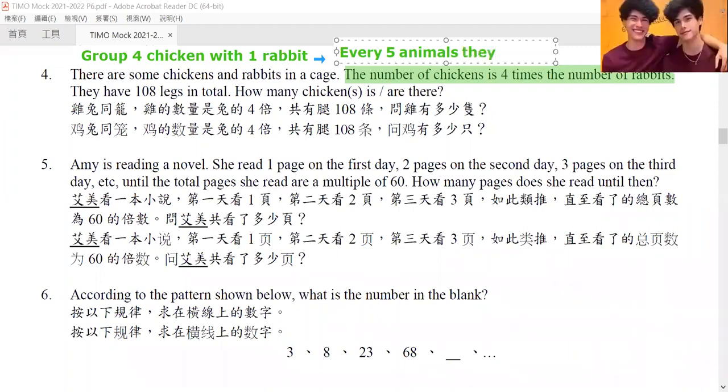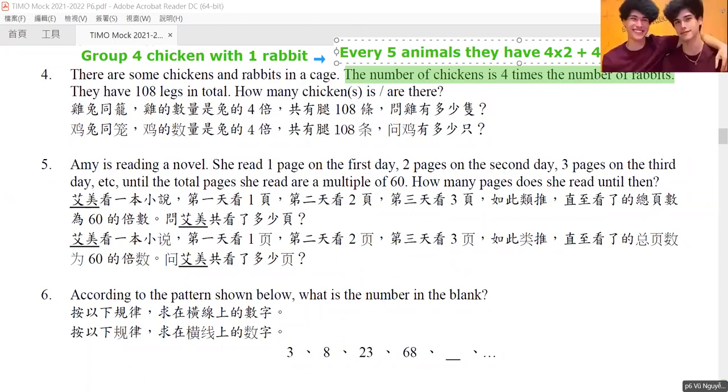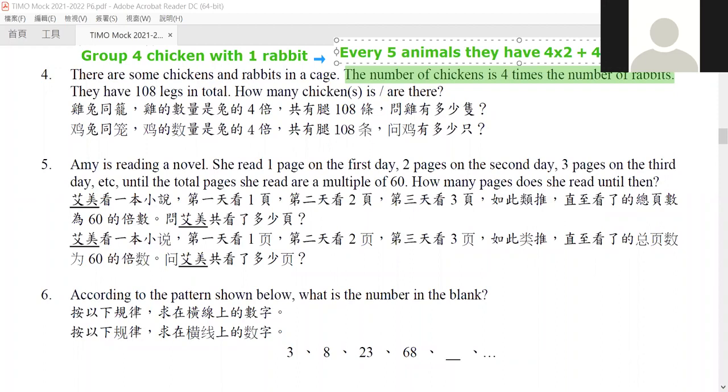These 5 animals, 4 chickens and a rabbit, will have 4 times 2, because there are 4 chickens, right? They will be equal to 4 times 2 plus the 4 from the rabbit. So it will be 8 plus 4, which is equal to 12 legs, okay? So every 5 animals will have 12 legs.